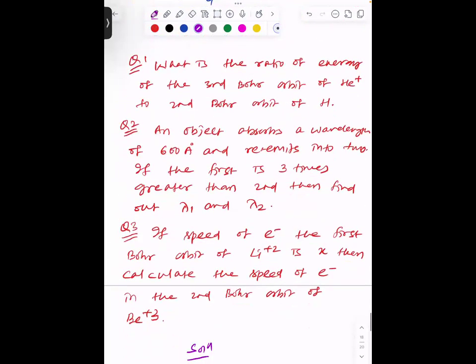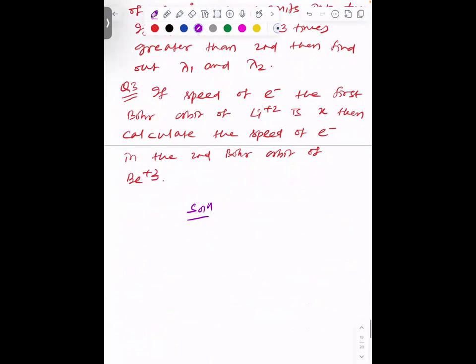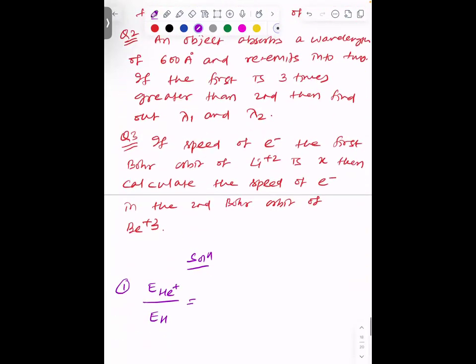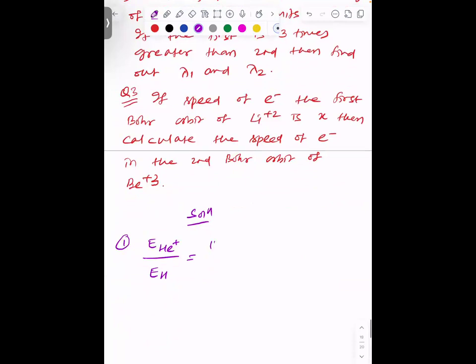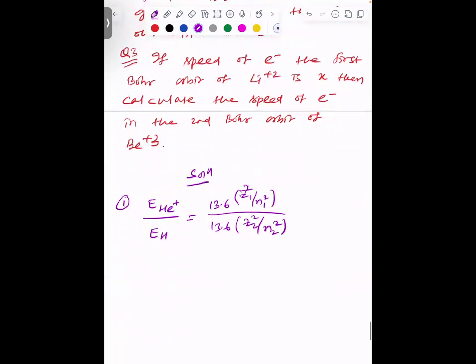What is the ratio of energy of the third Bohr orbit of helium plus to the second Bohr orbit of hydrogen? So E He plus divided by E hydrogen. We know the formula of energy is 13.6 Z square by N square. So E1 over E2 is 13.6 Z1 square by N1 square, whole divided by 13.6 Z2 square by N2 square.